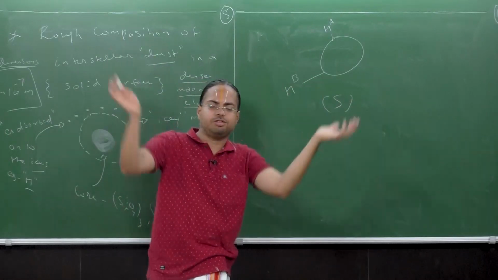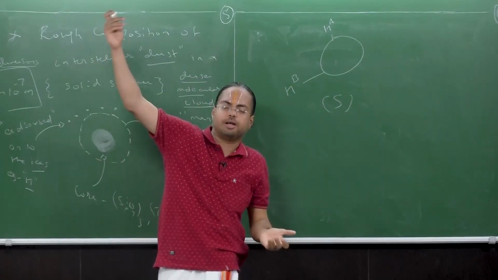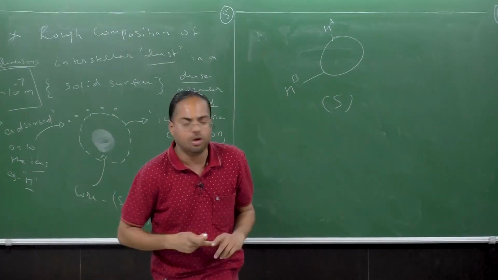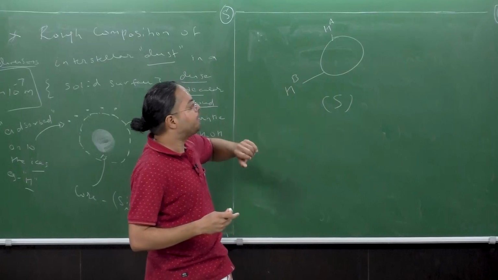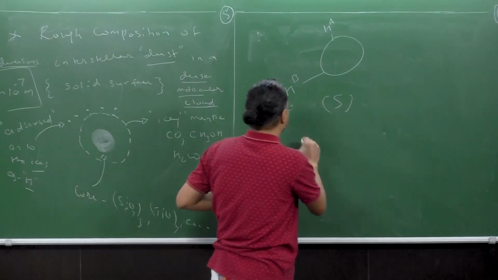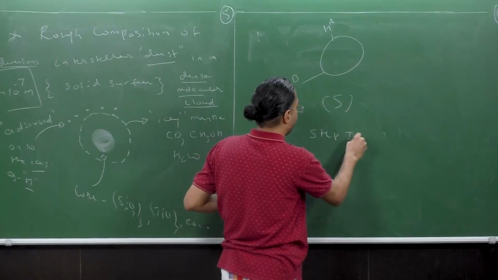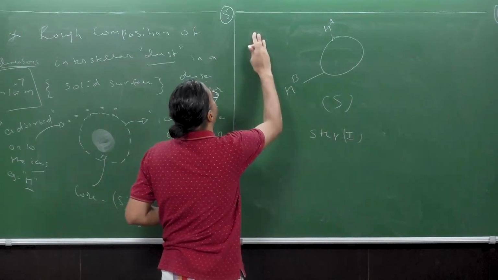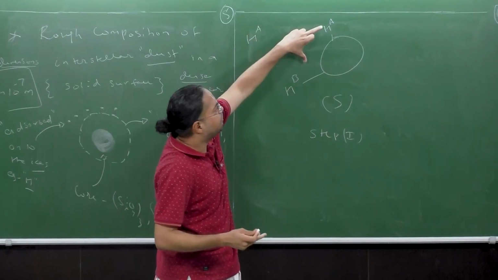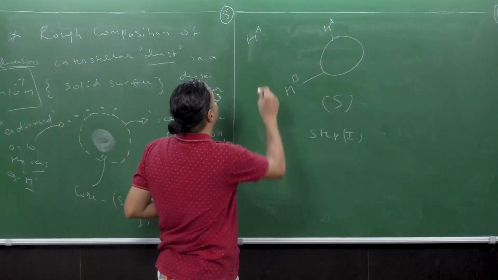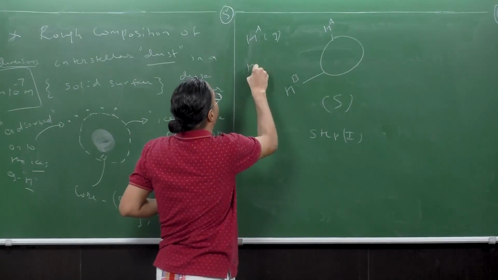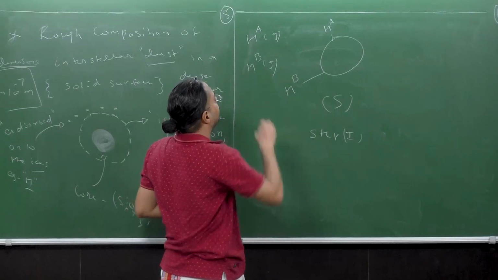The surface is three-dimensional, so the hydrogen atom can get adsorbed from any direction. So this is step 1. Just for the sake of nomenclature, I have labeled them HA and HB: HA gas and HB gas get adsorbed.